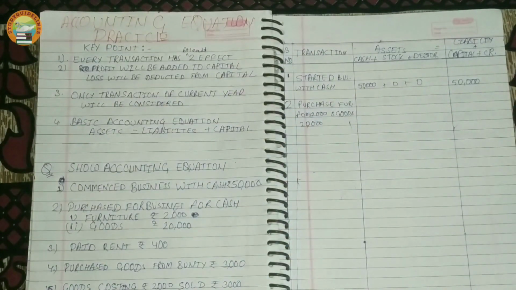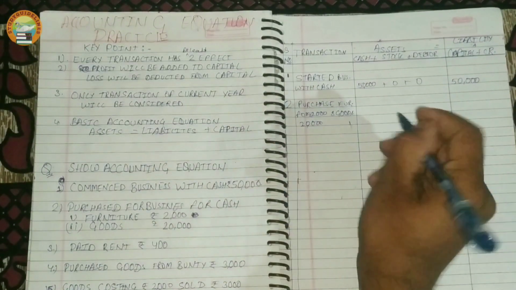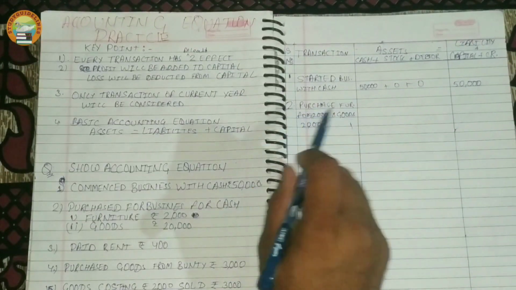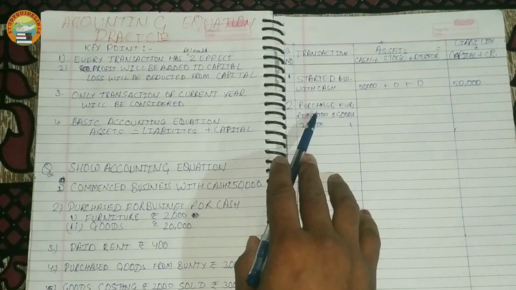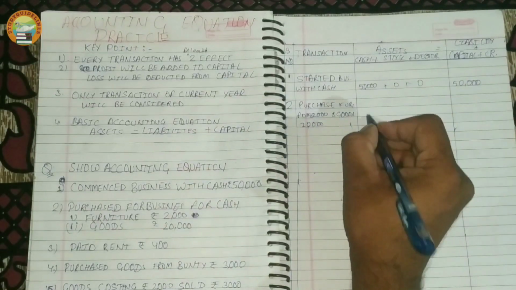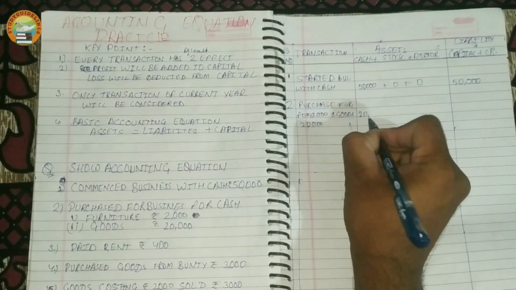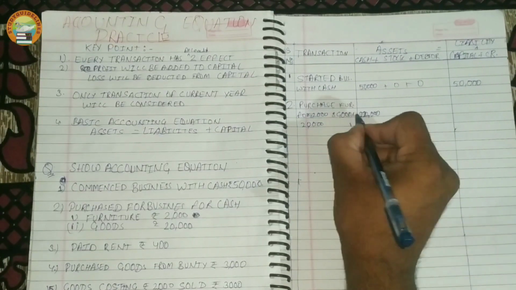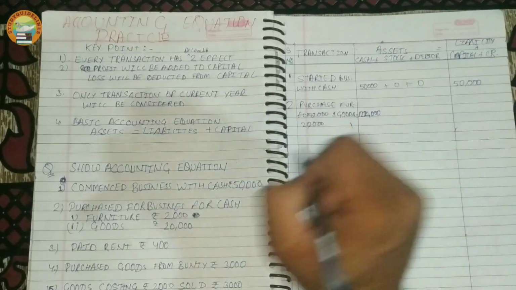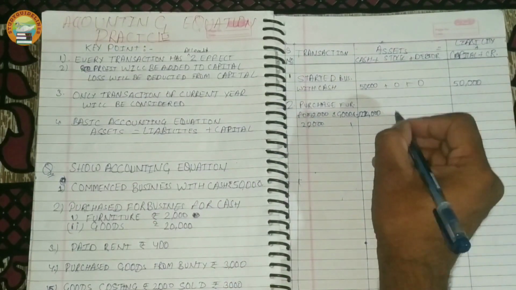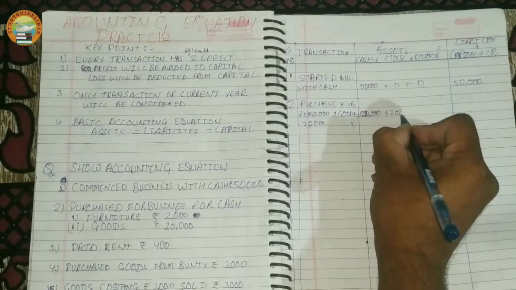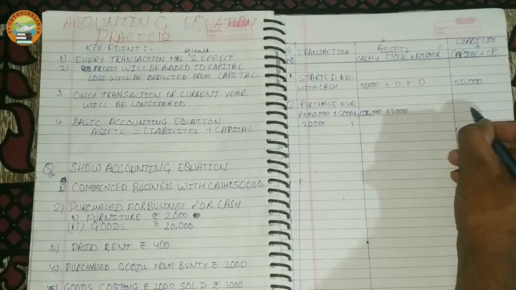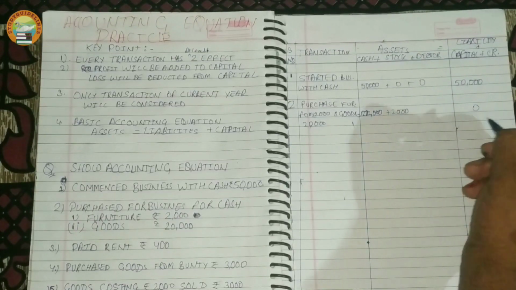What will be the effect? The total transaction is 20,000 plus 2,000, which is 22,000. This 22,000 will be deducted from cash, 20,000 will be added to stock, and there will be no effect on the liability side.